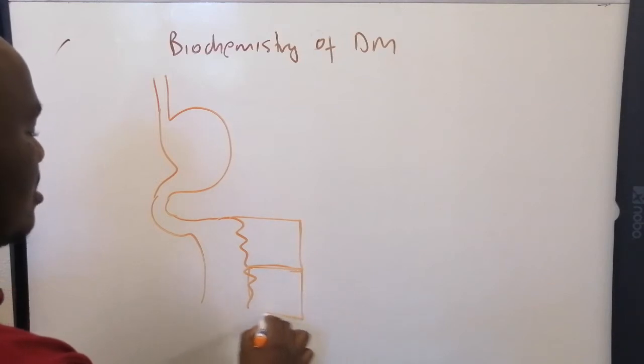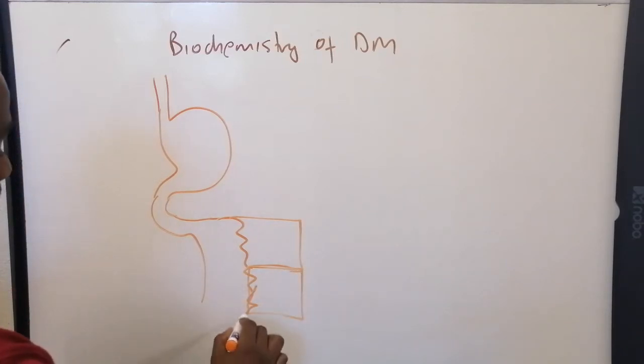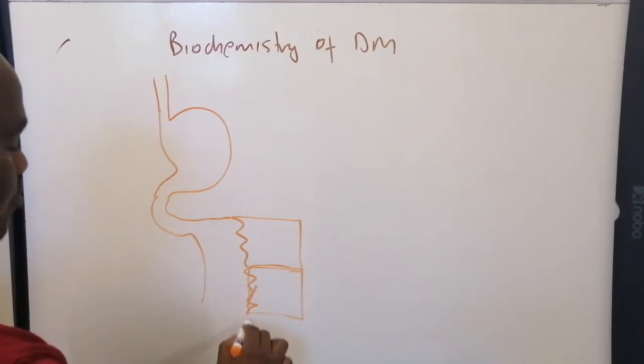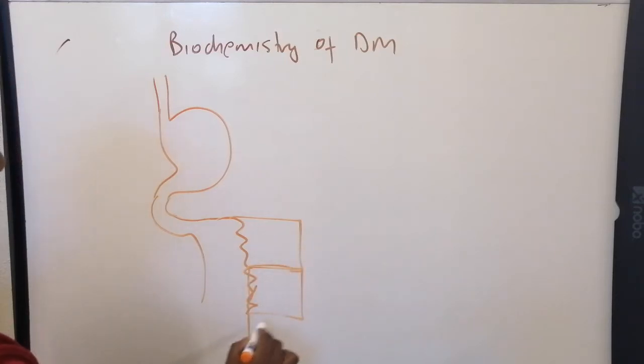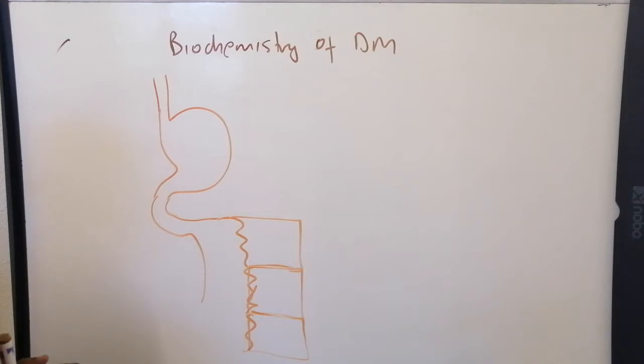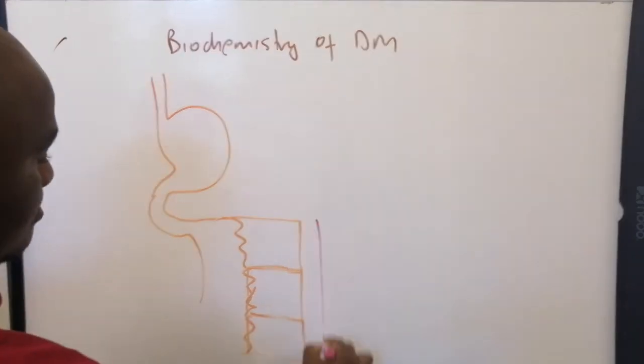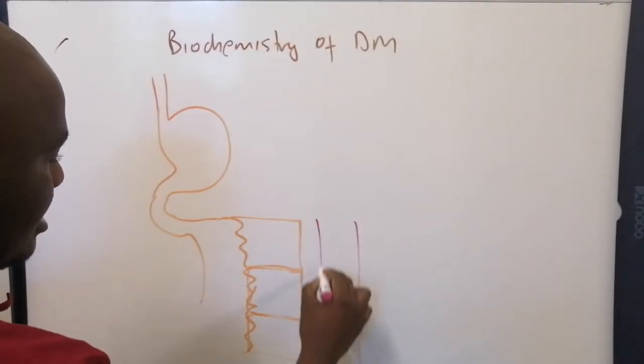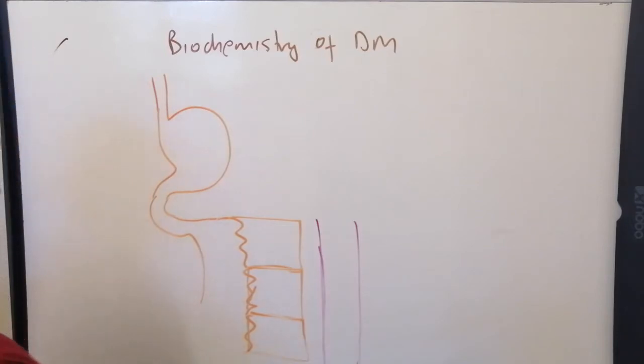So this would be one enterocyte, the second enterocyte, another enterocyte, right? And on the other side we've got the blood vessel, a capillary. And this is our lumen.